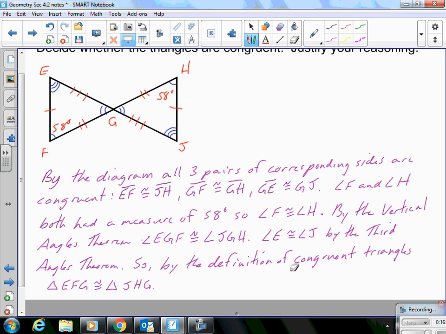So by the definition of congruent triangles, triangle EFG would be congruent to triangle JHG. Right? And that definition of congruent triangles just says that all the corresponding angles and all the corresponding sides would be congruent if they're congruent triangles. Right? Questions there?